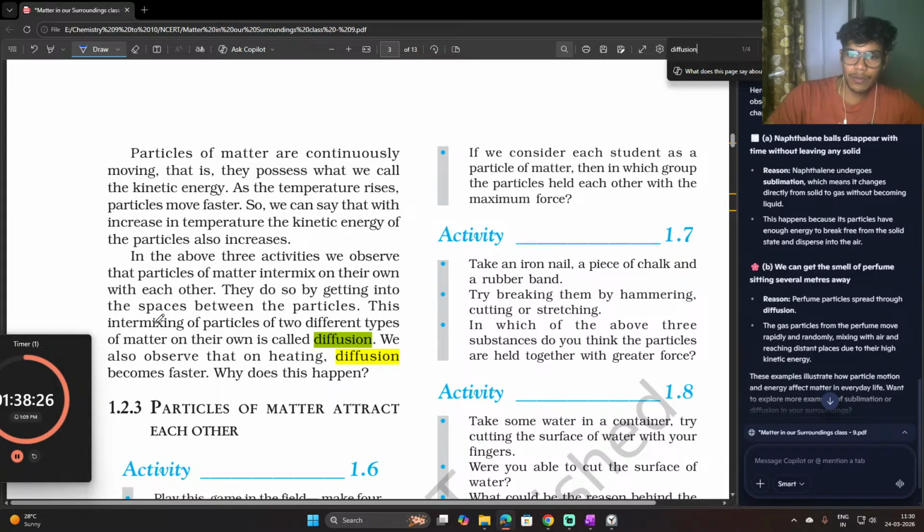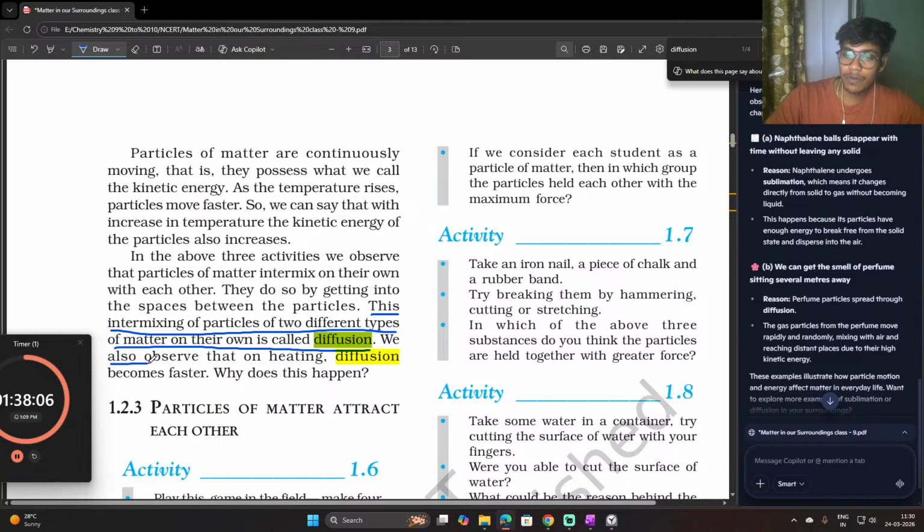They do so by getting into the space between the particles. This intermixing of particles of two different types of matter on their own is called diffusion.